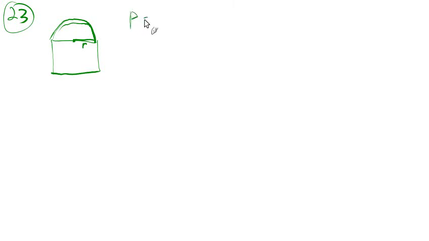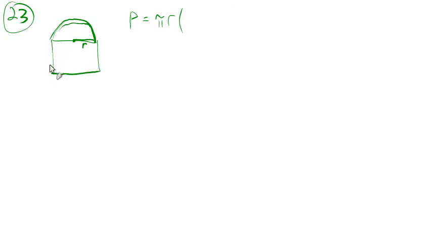The perimeter is going to be, well, it's not the whole circle, it's half of the circle, it's a semicircle. So the formula for the circumference of a circle is 2 pi r, so half of that would be pi r. Then we're going to multiply that by these side lengths here.